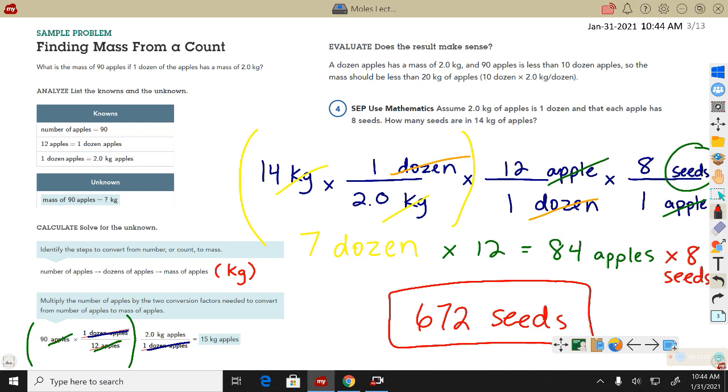Then I plug it in my calculator, multiply by anything across the top, and divide by any numbers on the bottom, ignoring the ones. So I really can plug this in my calculator as 14 divided by 2 times 12 times 8. 672 seeds.